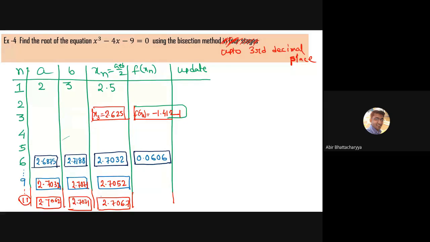If you calculate the 10th iteration, you will get something like 2.70. What did you get in the 10th iteration? 6-2. Okay. Sir, we cannot stop here.